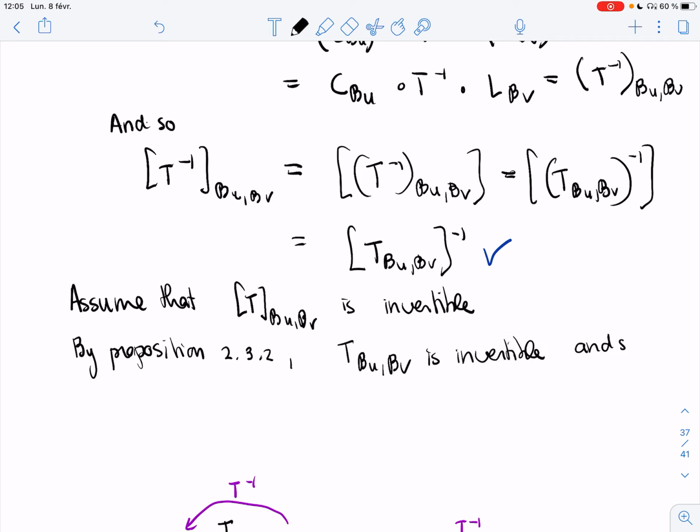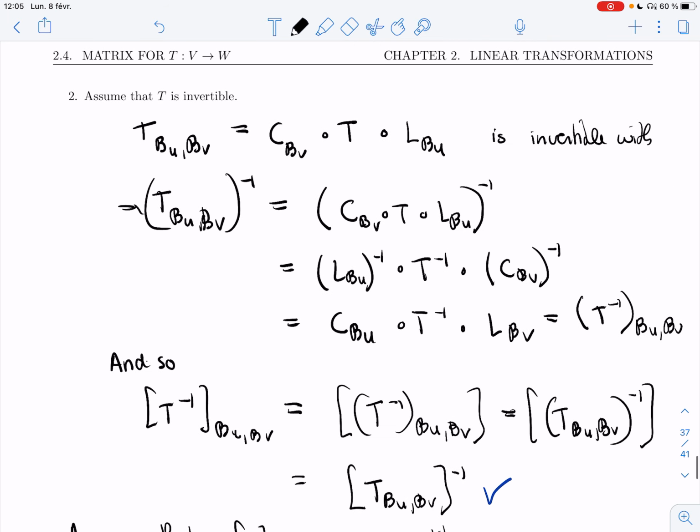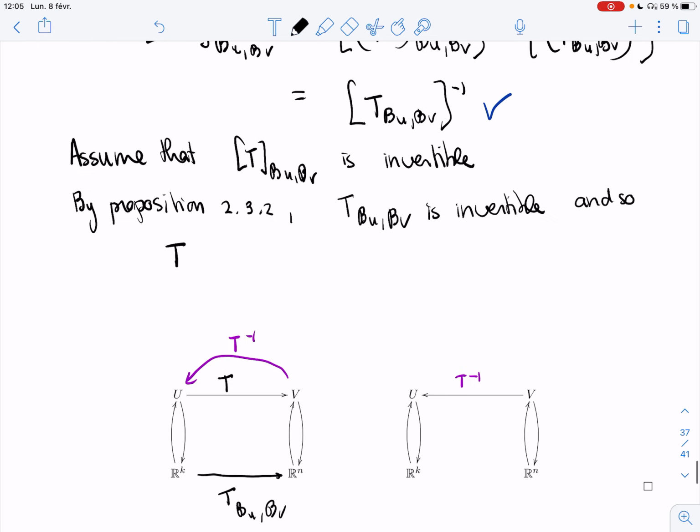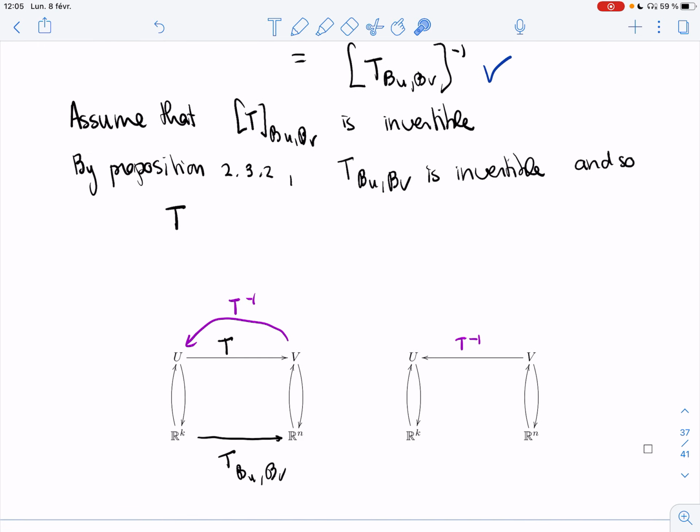And so let me write, right? Usually we write T, BU, BV in terms of T, but we could do the other way around. So here's T, BU, BV. If I want to look at T, I could write it like this. And so as long as one of them is invertible, the other one will be, because these are pretty much equivalences.